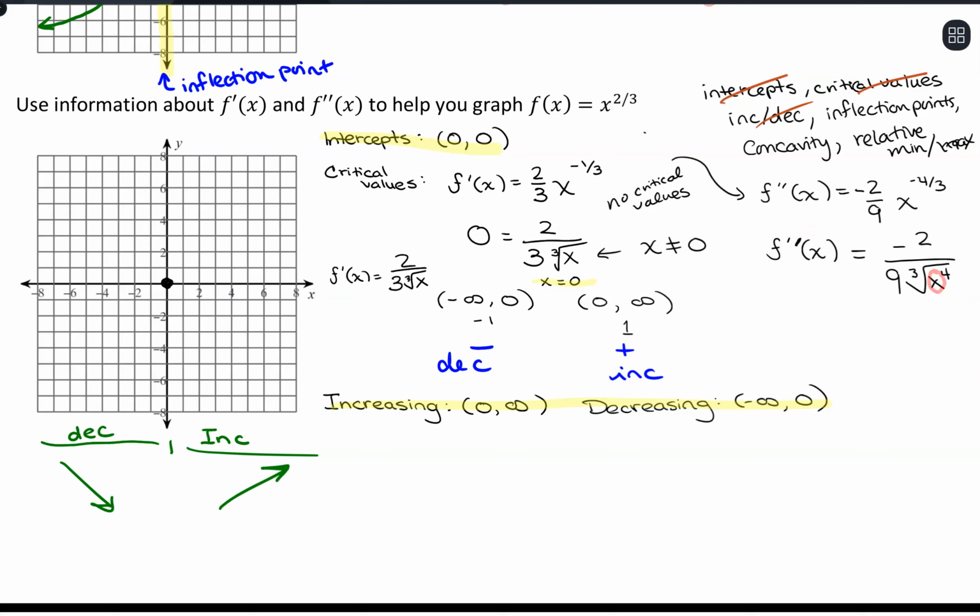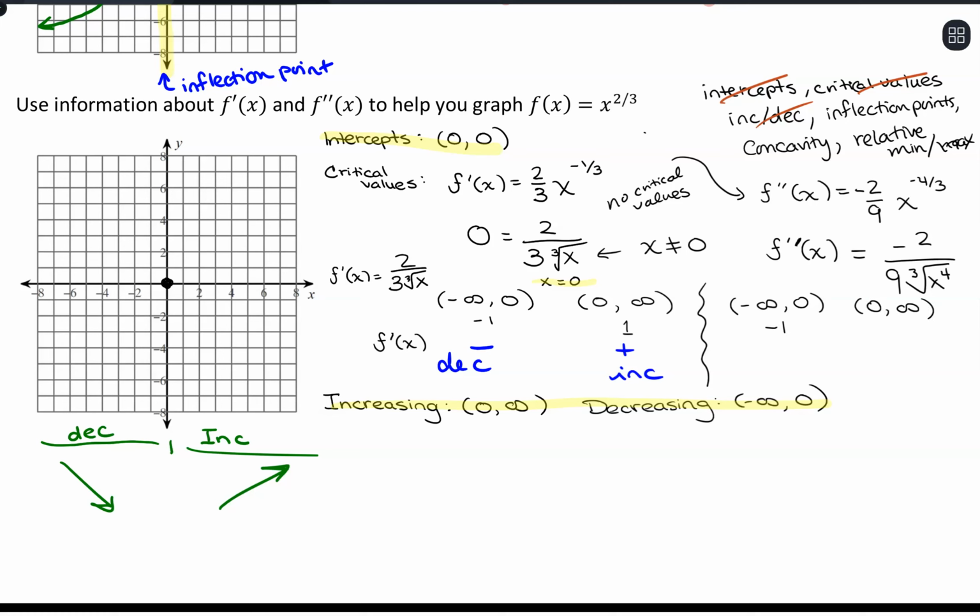But I'm going to use the fact that I can't plug in 0 there. So x equals 0 is something that we're interested in. So in terms of concavity, what we could be seeing is that we're undefined at 0, so that could be a spot where we're switching. So I'm going to set up a similar table where over here we were evaluating the first derivative of x. I'm going to do the same thing, that there could be some concavity from -infinity to 0 and then 0 to infinity.